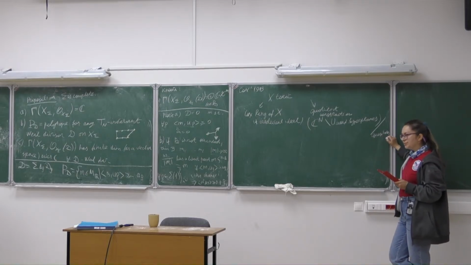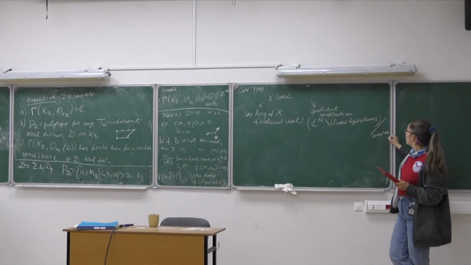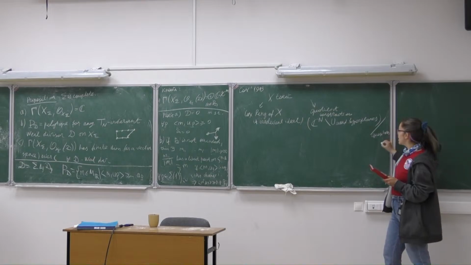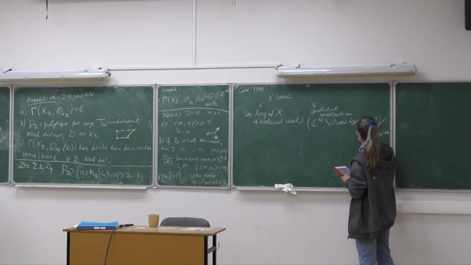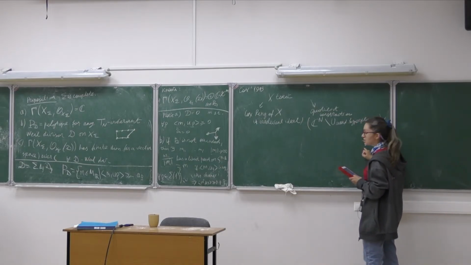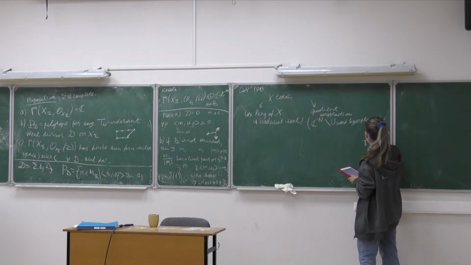This is an abelian group, which is a product of an algebraic torus by some abelian group. Can you repeat? A quasi-torus is an abelian group which is some torus, some C star to some power, multiplied by some finite abelian group.